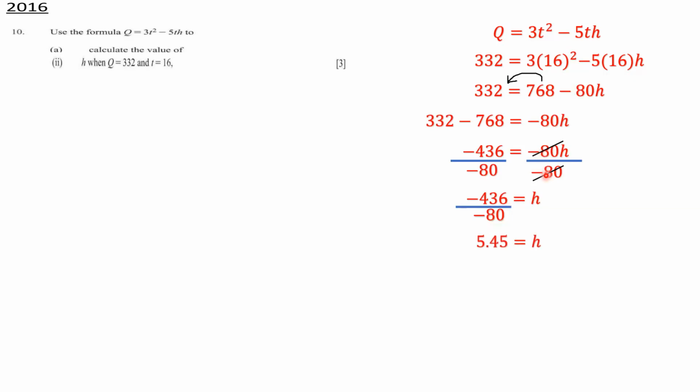Notice that these two negative 80s cancel out each other. When you divide negative 436 by negative 80, the answer is positive 5.45. Okay, so the answer is h is equal to positive 5.45.